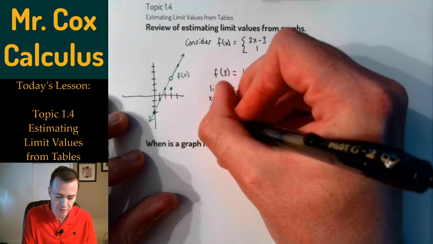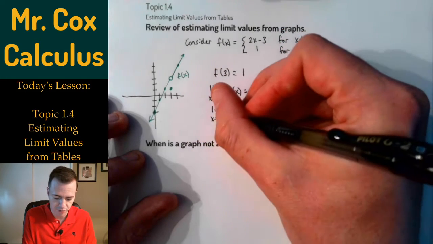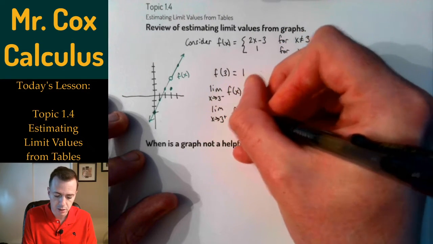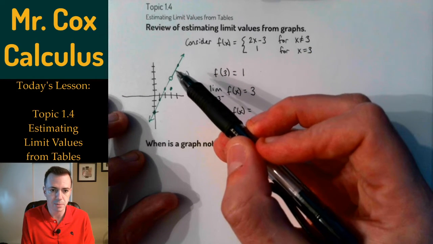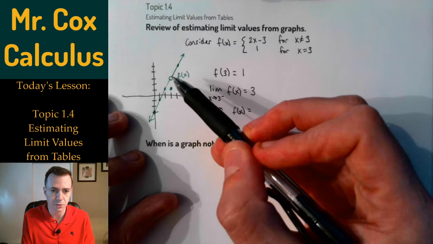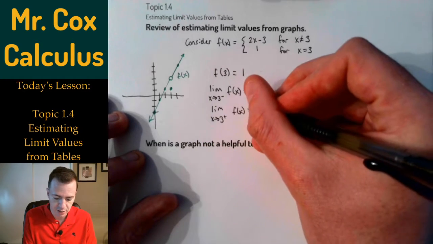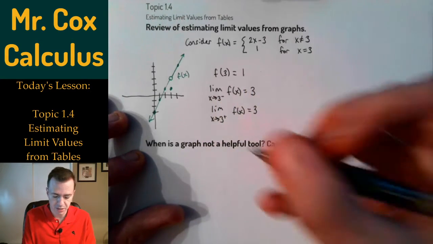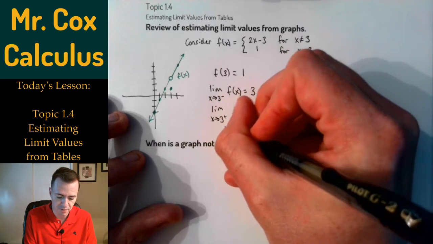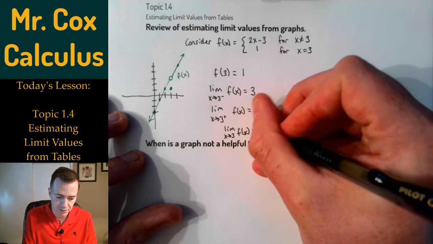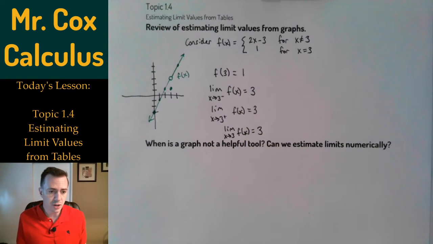I can look at the limit as x approaches 3 from above of f of x, and so as I'm tracing from the right, making my way towards x equals 3, the function values again are approaching 3. And because the one-sided limits match, we can say the limit as x approaches 3 of f of x is equal to 3.